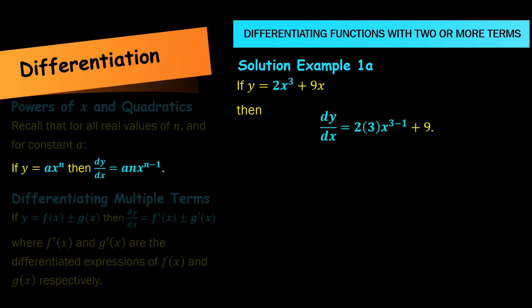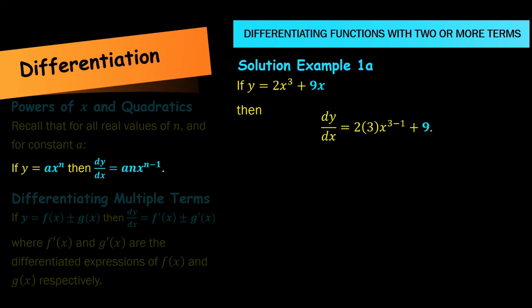We've simply plugged in the values for a and n for this particular term into our formula. So for 2x cubed, a equals 2 and n equals 3, and we plug that into dy dx equals an times x to the n minus 1.